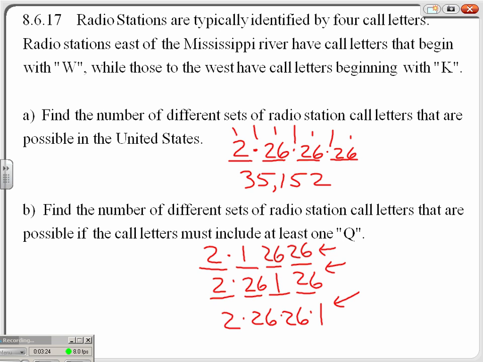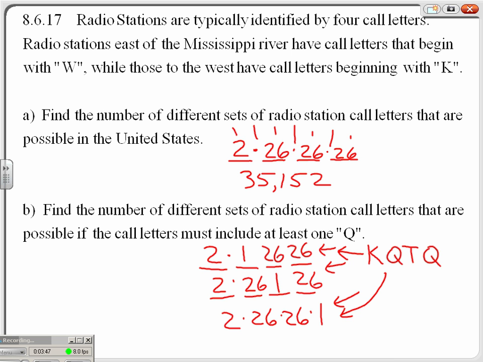The problem with this is, let's consider this call letter, K, Q, T, Q. That, I will claim, has been counted right here, but has also been counted there, and we have a double counting situation. So that may not be our best approach.